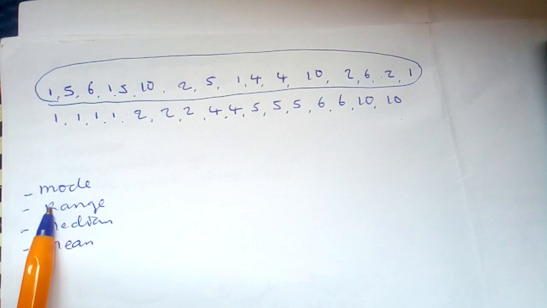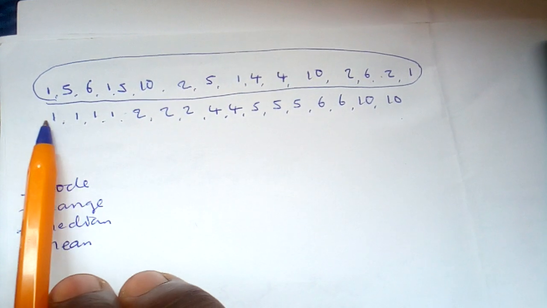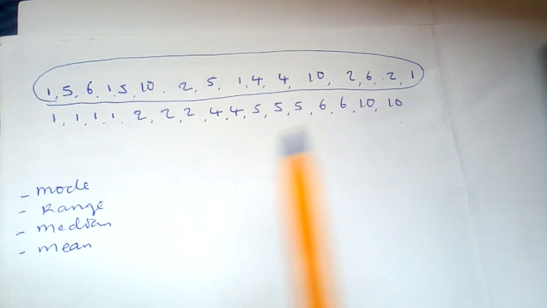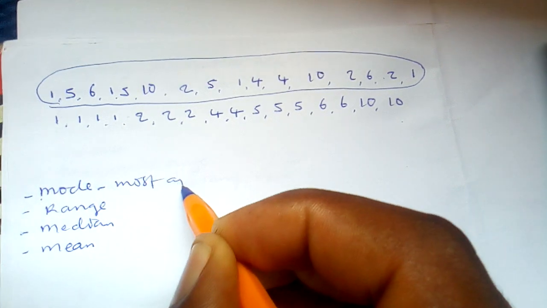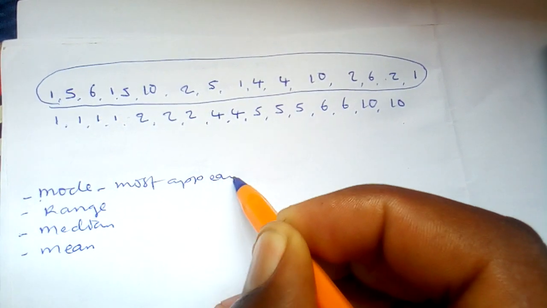So how do you find the mode? When you rearrange the numbers in order, the mode means the most appearing figure.